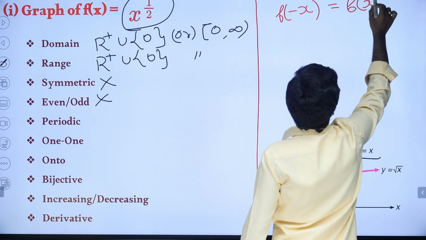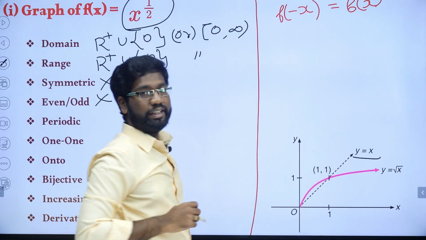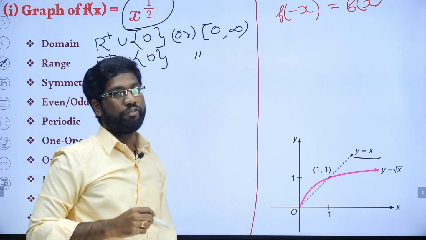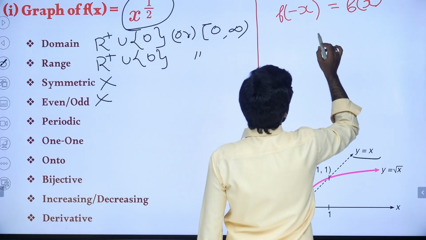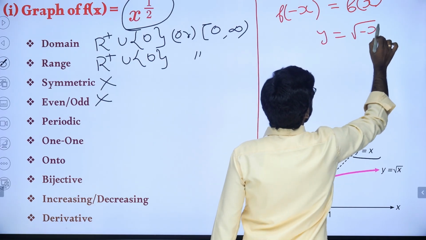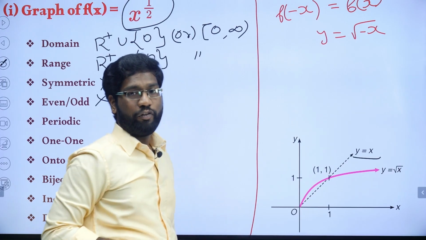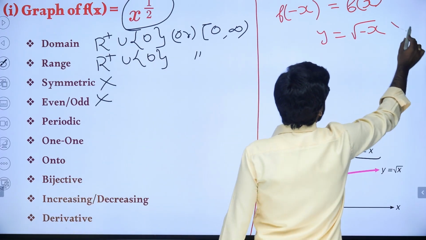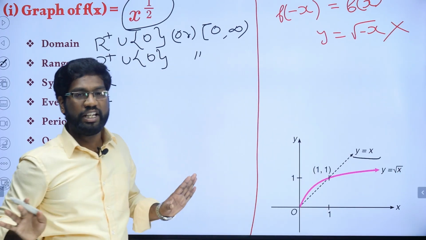If I get the value like this, then my function is an even function. But here, what will I get? y equals minus root x. Minus root x is undefined, so it is not an even function. Are you all clear? It is not an even function.